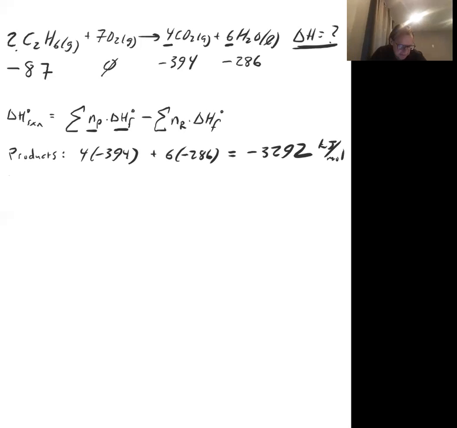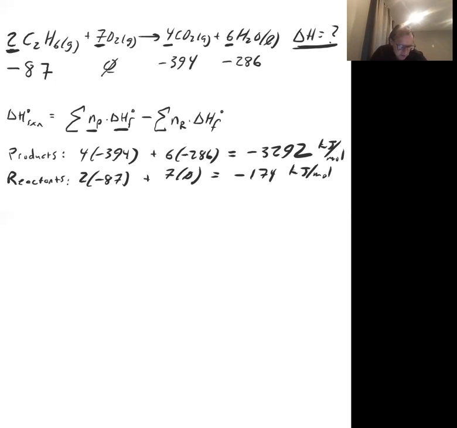Okay, now you do the reactants. First reactants right here, there's a 2. 2 times minus 87. 7, but this one's oxygen, so it's 0. So it looks like you get minus 174.